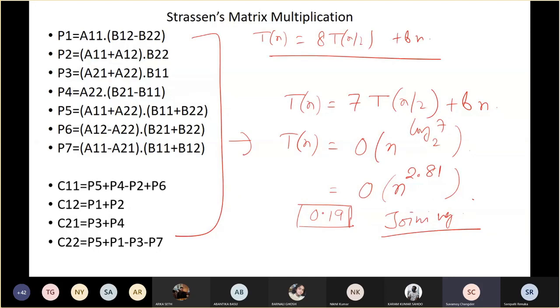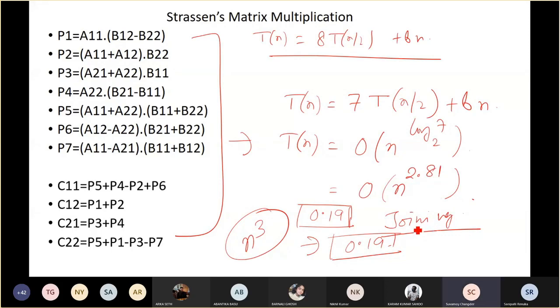So if we go on joining, each of the records will be multiplied with each of the records of another table or database. And suppose you are talking about a very large database where there is a lot of data, like Facebook or Twitter. Now think about what the multiplication time will be if we follow n to the power 3, and then 0.19 will be a big factor.